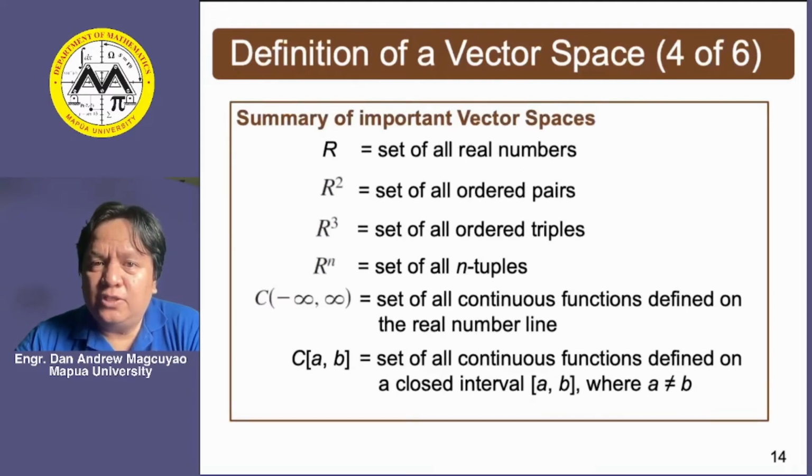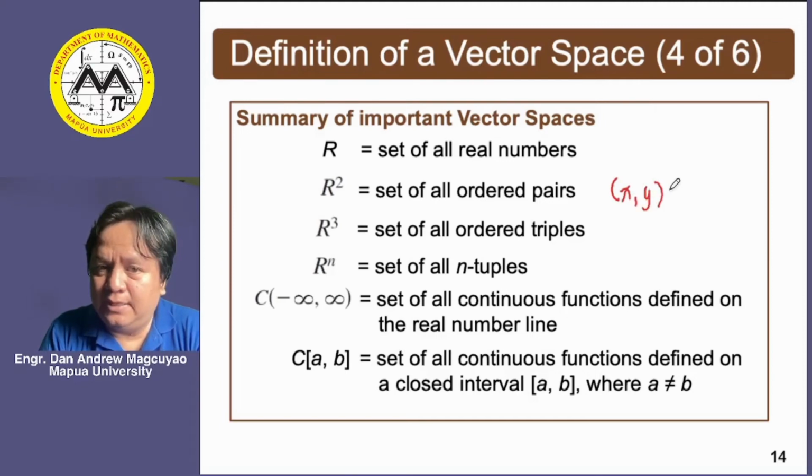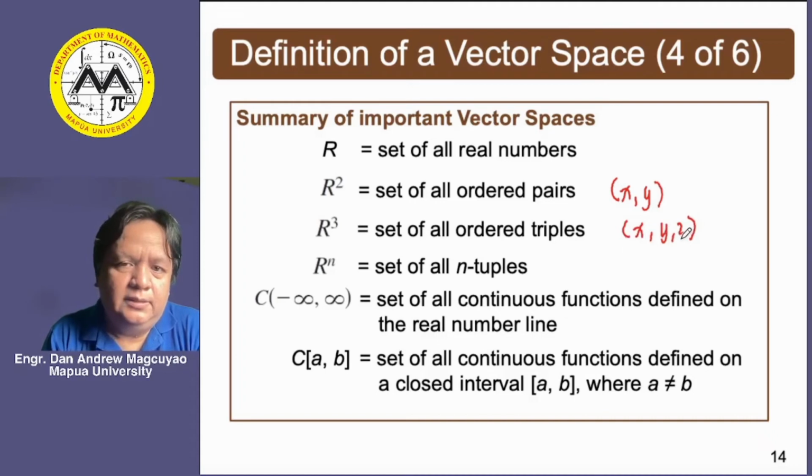Now, to summarize all the vector spaces, we can have the vector space R, the set of all real numbers, R squared, which is the set of all ordered pairs. So that would be the set of all vector pairs x, y. Ordered triples x, y, z.